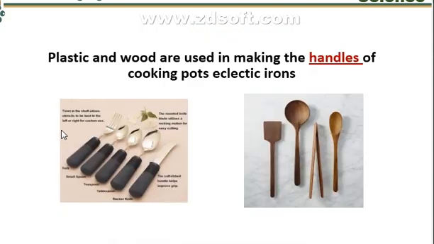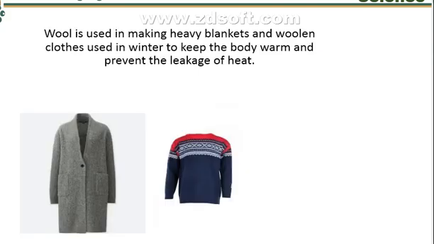And plastic and wood are used in making the handles of cooking tools like the electric iron. Then wool is used in making heavy blankets and woolen clothes. Give a reason why? To keep the body warm and prevent the leakage of heat.